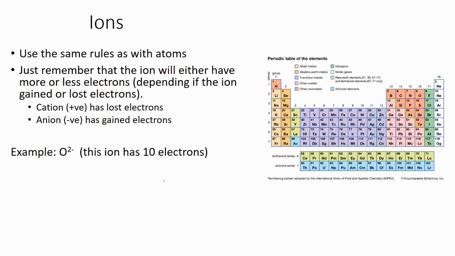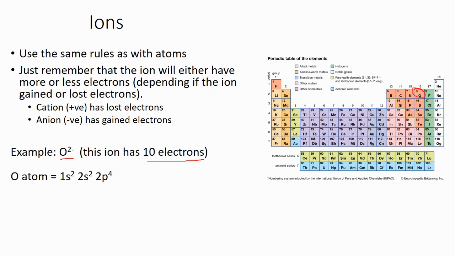Let's look at oxide, which is O2 minus. The oxygen atom is 8, and then it's gained 2. So 8 minus negative 2 is adding 2, so we've got 10 electrons.